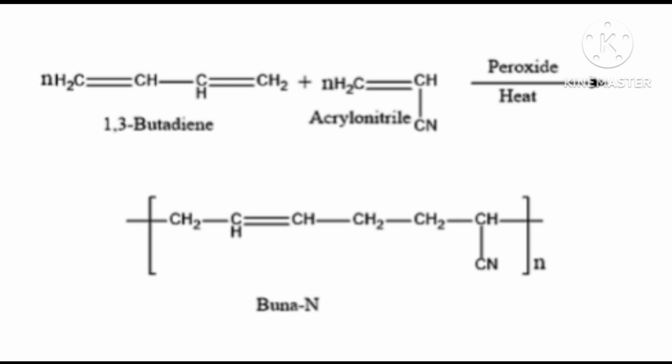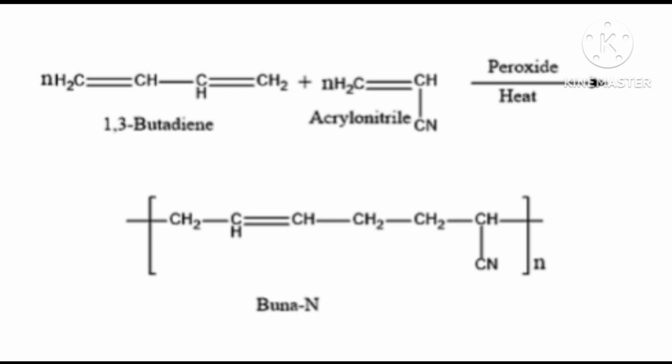The probable structure of vulcanized rubber molecules: you can take two chains, and between the two chains sulfur will come. Sulfur will join both chains.